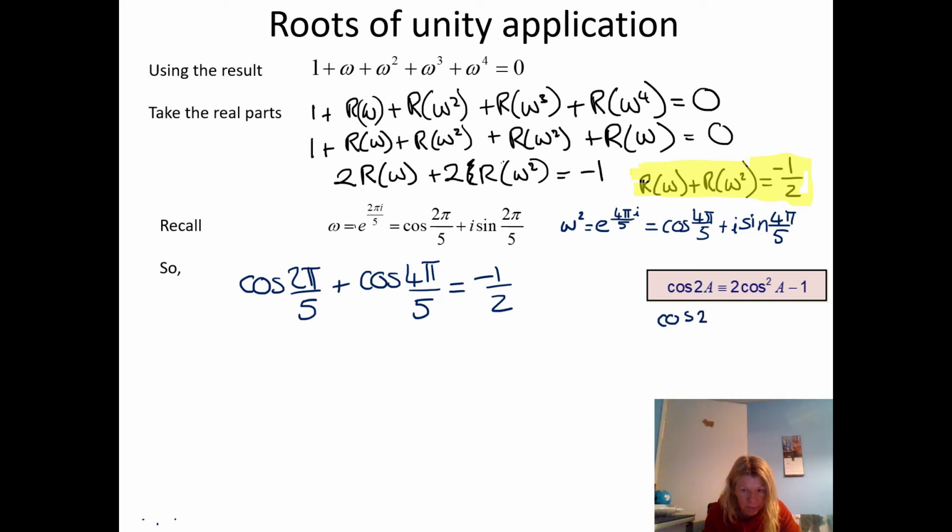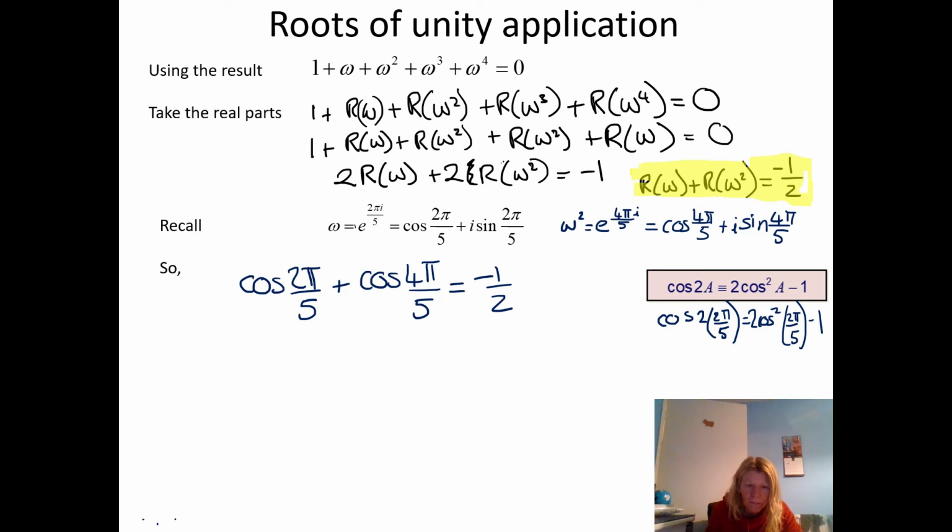So that could be written as 2 times 2 pi over 5. So our A is that thing. That would equal 2 cos squared 2 pi over 5 minus 1. So what I'm going to replace that cos 4 pi over 5 with is this bit here.